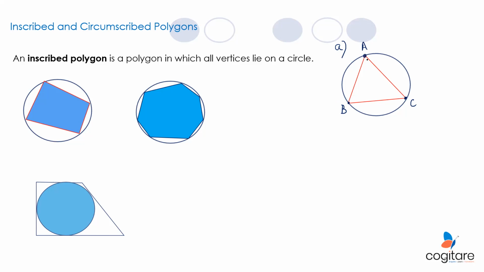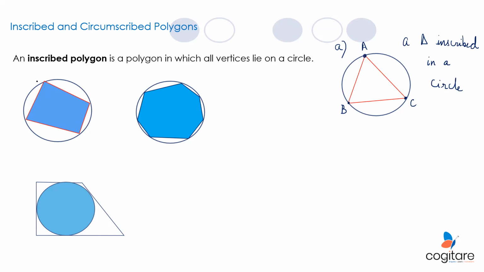So you say that a triangle is inscribed in a circle. Okay, so in this case, the triangle ABC is the inscribed polygon.